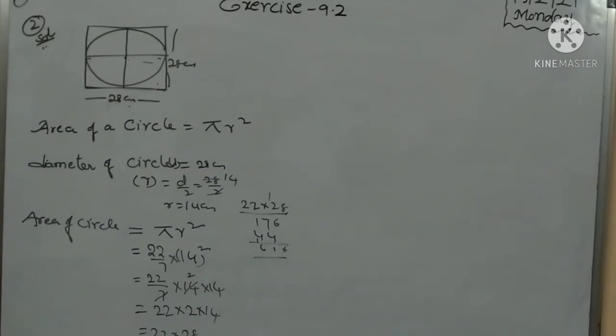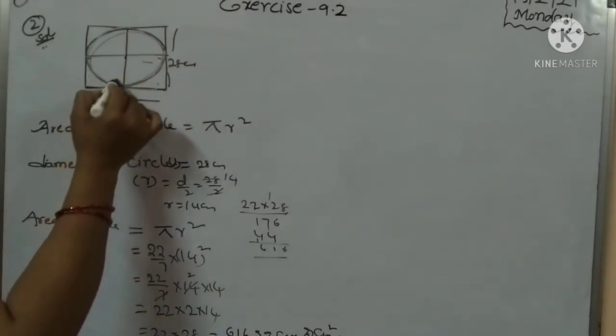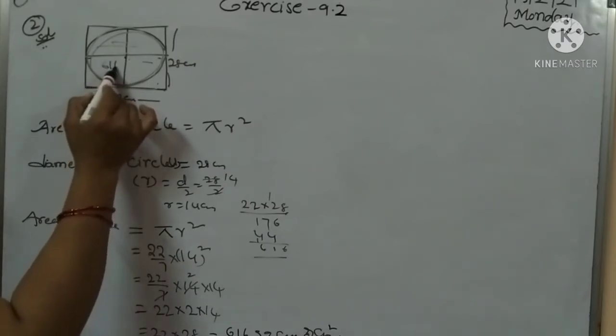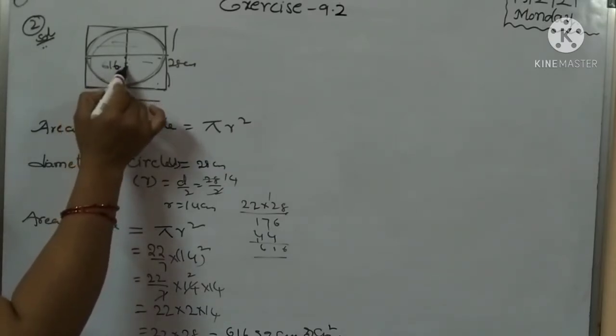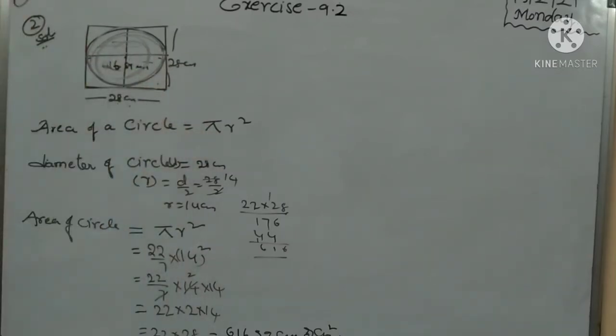How much? 616 square centimeters. Then the area of the circle is 616 square centimeters. This is the area. Okay. Did you understand this one? Okay, right.